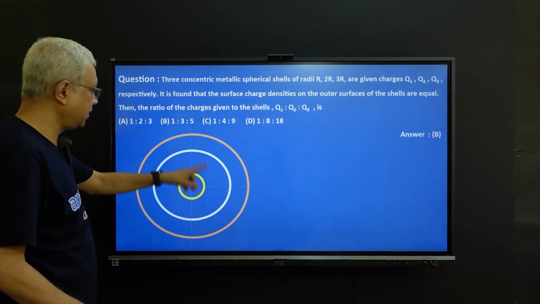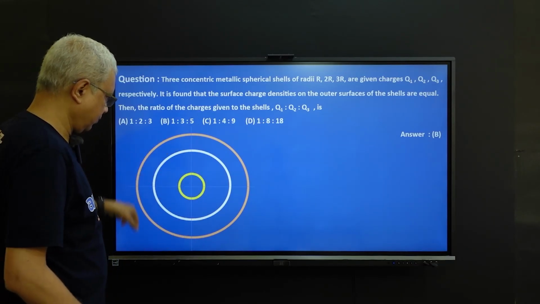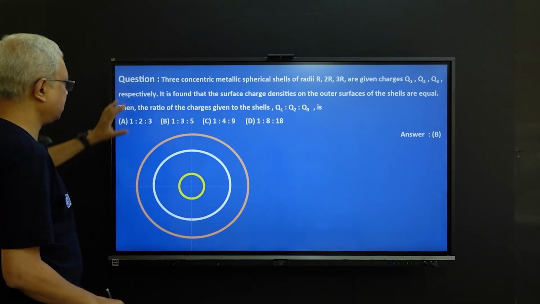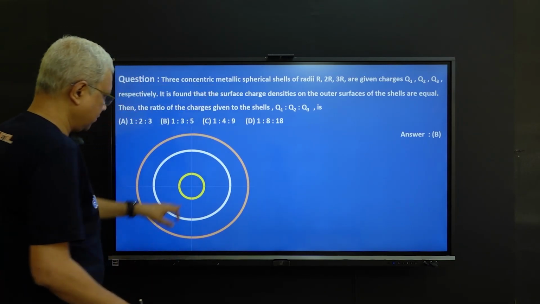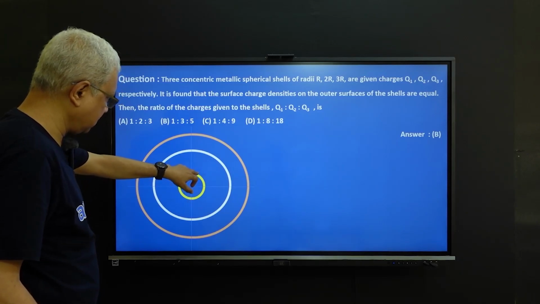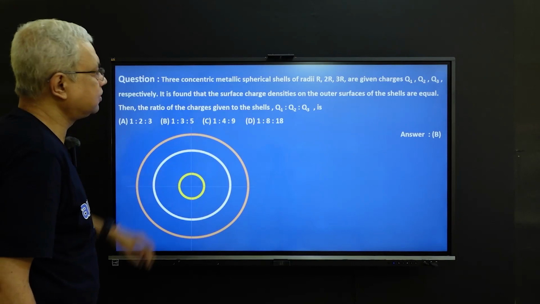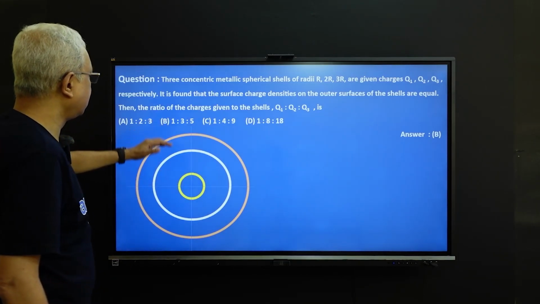So there are three concentric spherical shells of radius r, 2r and 3r. The innermost spherical shell is given a charge q1, this one is given a charge q2 and this one is given a charge q3. Then what is the ratio?